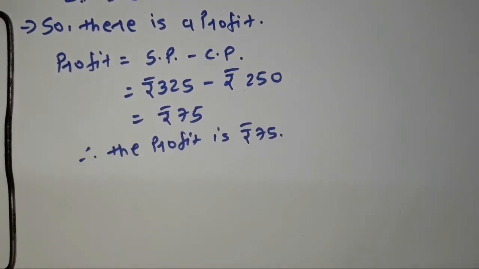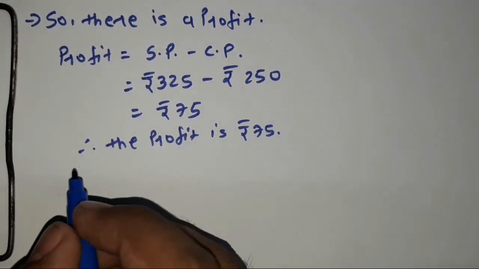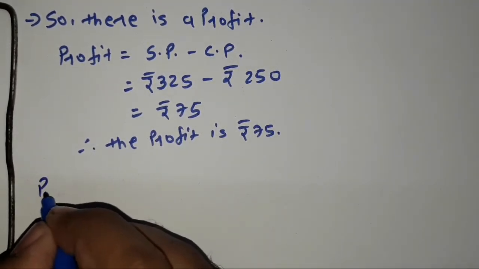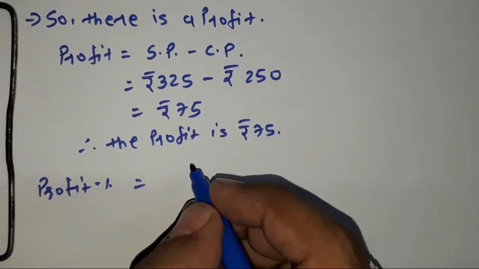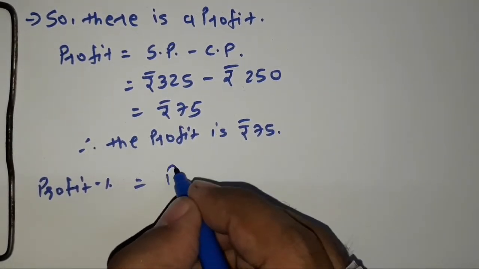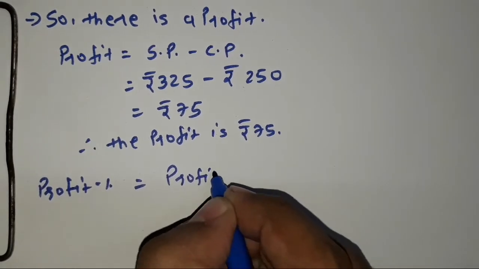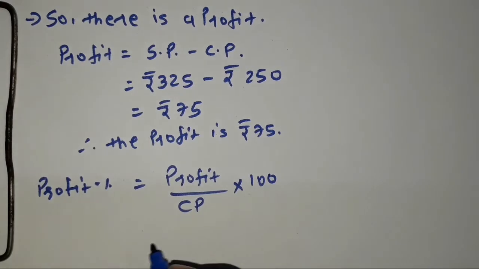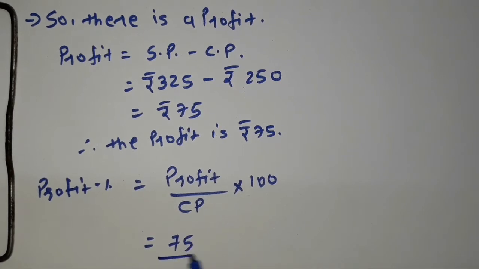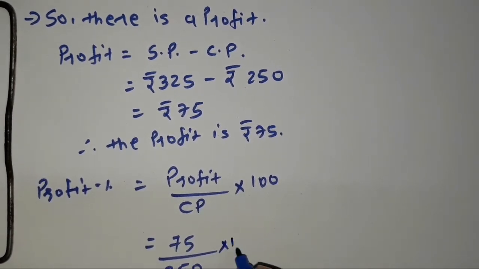But we have to find profit percentage. For that we know the equation, as we discussed in the introduction: profit percentage is equal to profit divided by cost price, multiplied by 100. So profit is how much? 75. On which price? Rupees 250, and multiply by 100.